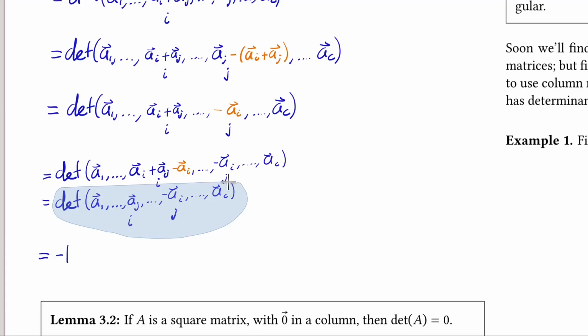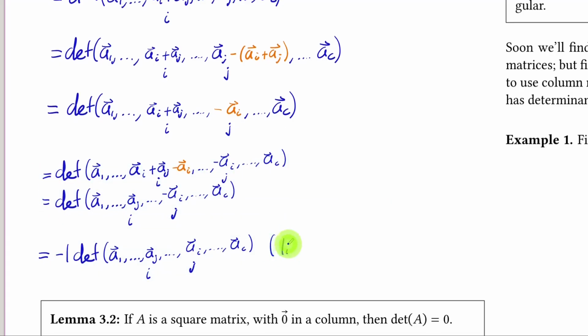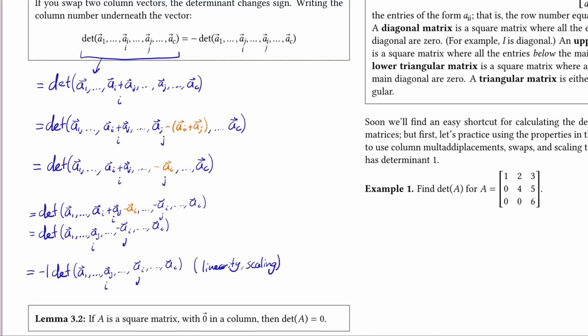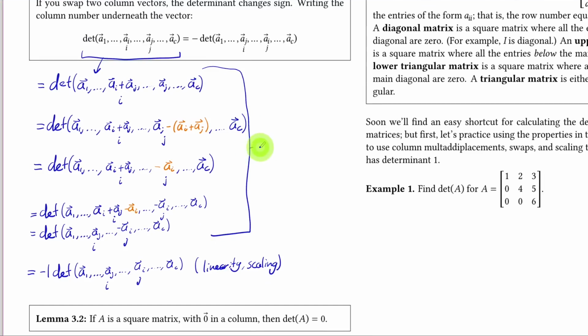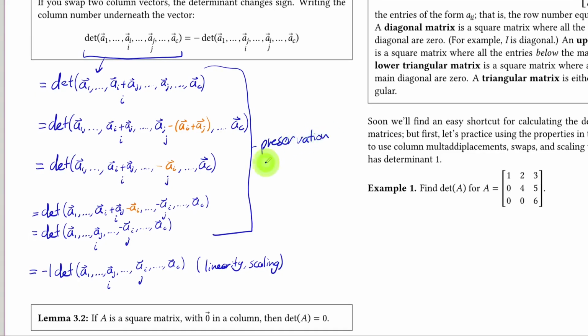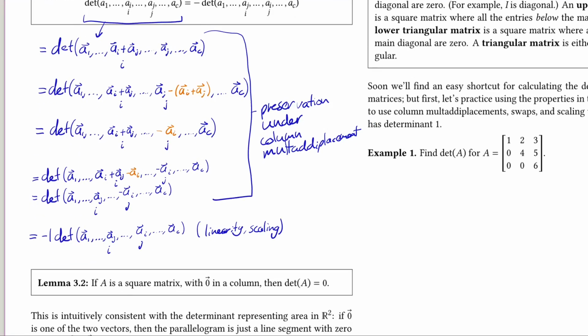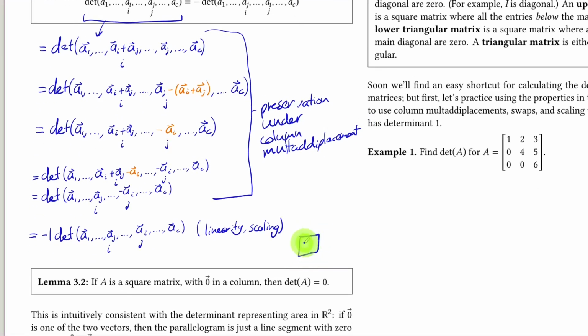And everything else will be the same. And all these other ones are all equal because of preservation under column multiplication. All right, so that's that.